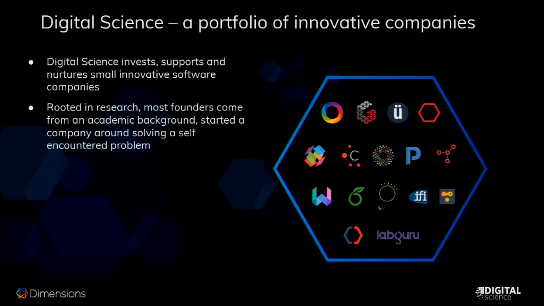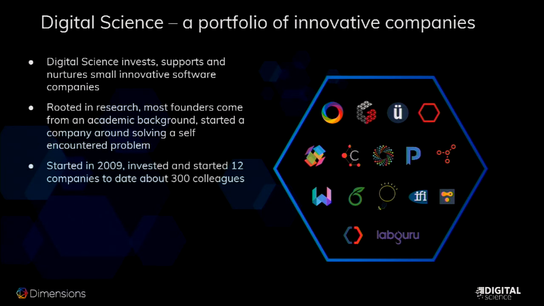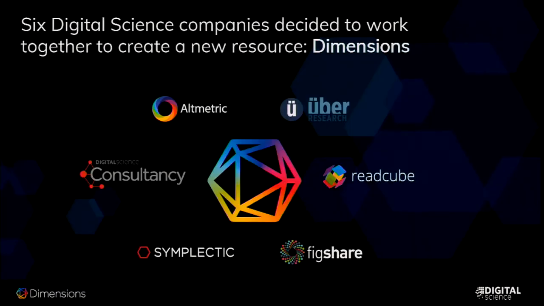Most of our founders come from an academic background, and they started their companies because they perceived a problem that they wanted to solve. We started in 2009, so we're relatively young. But for over 12 companies, we have only about 300 people, including all of our developers and staff.